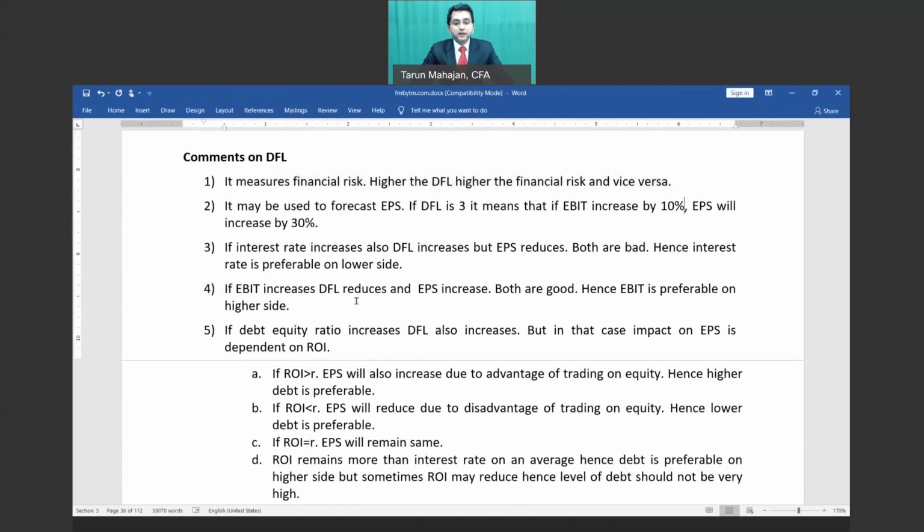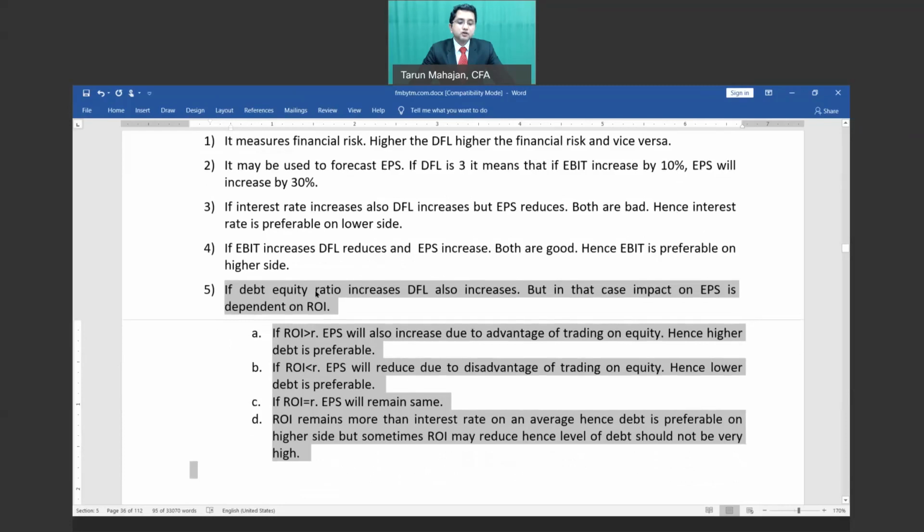If DFL is say 3, what does it mean? That if EBIT rises by 10%, EPS will rise by 30%. But if EBIT falls by 10%, then EPS will fall by 30%. Now the question arises, how would you prefer the DFL to be?